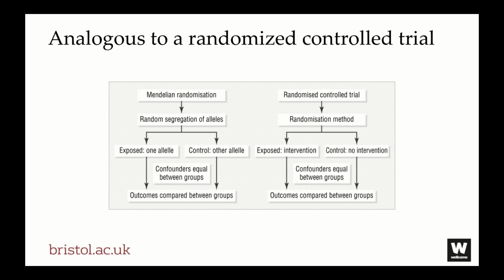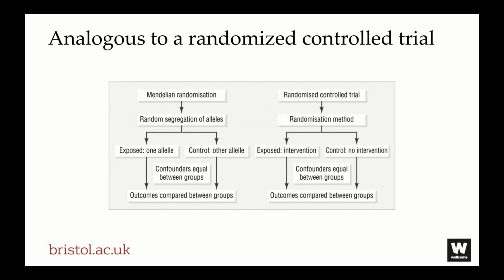Similarly, in Mendelian randomization, we have random segregation of alleles at conception. So we can look at people who differ with respect to their particular allele structure at either one particular locus or multiple loci. Any differences that we see in our outcome of interest should be due to the random association of our genetic variants with our exposure of interest.